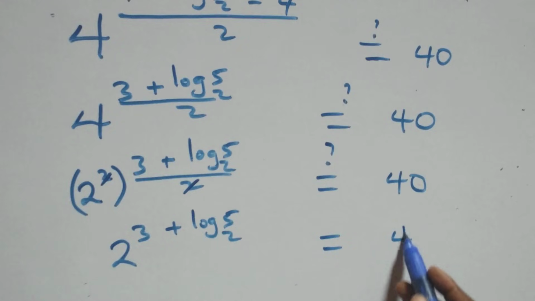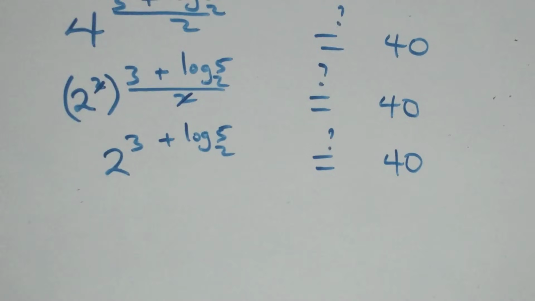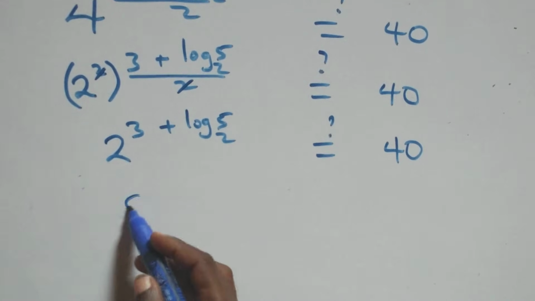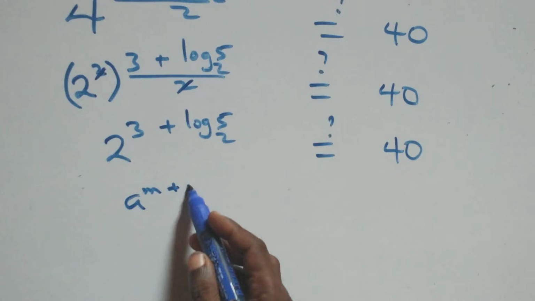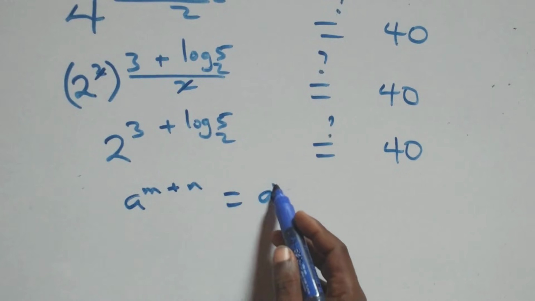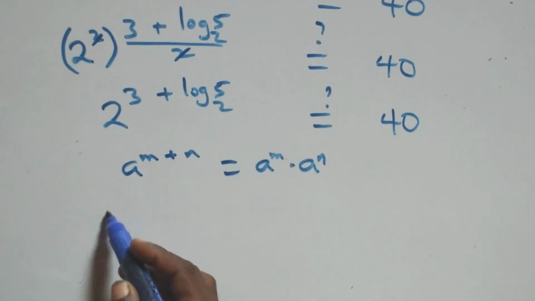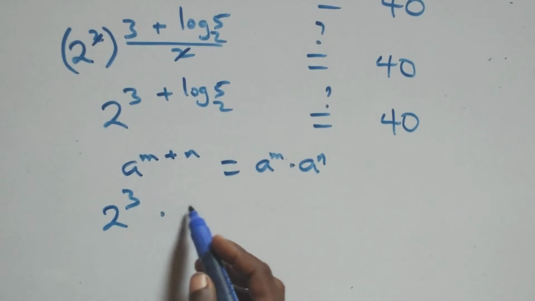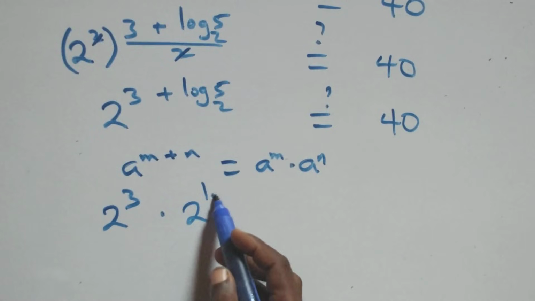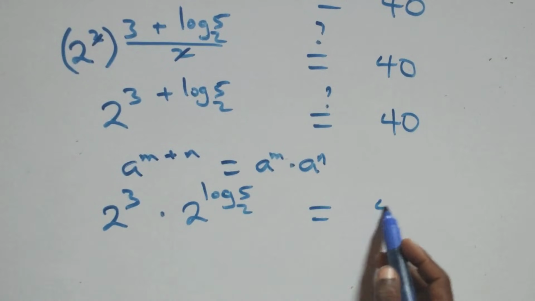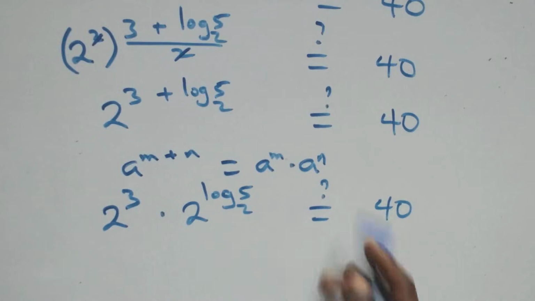Is it equal to 40 on this side? Then from here we apply the law of indices. a raised to power m plus n is the same thing as a raised to power m times a raised to power n. Here we have 2 raised to power 3 times 2 raised to power log 5 base 2. Is it equal to 40 on this side?